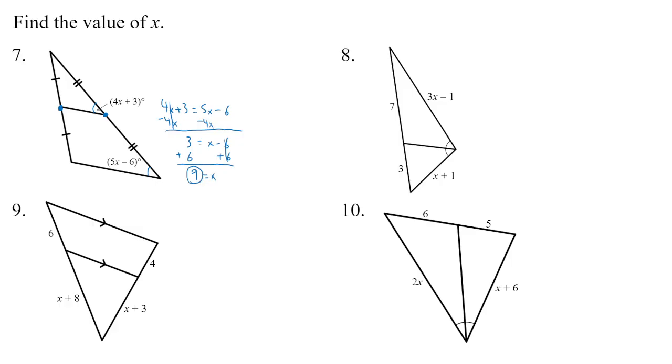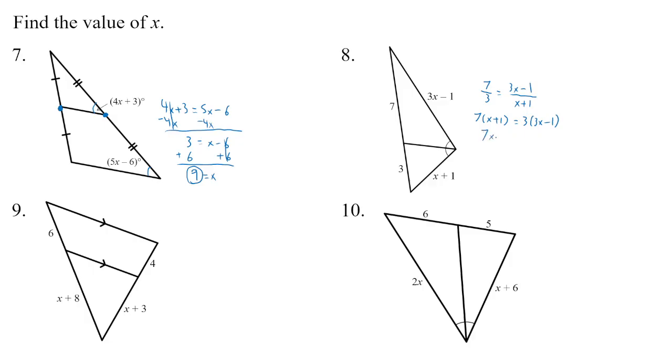On number 8, we have a line segment that bisects one of the angles. So we apply the triangle angle bisector theorem, which says 7 over 3 equals 3x minus 1 over x plus 1. So we're going to cross multiply. We have 7 times x plus 1 equals 3 times 3x minus 1. We applied the distributive property.